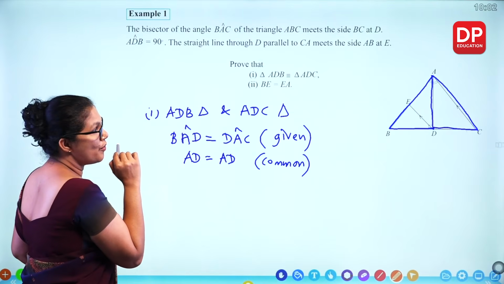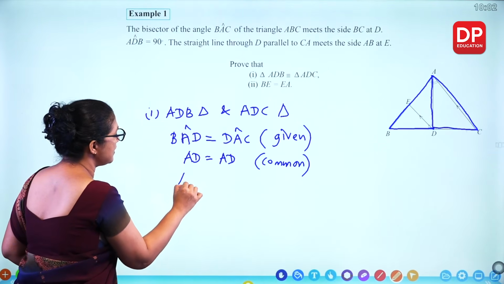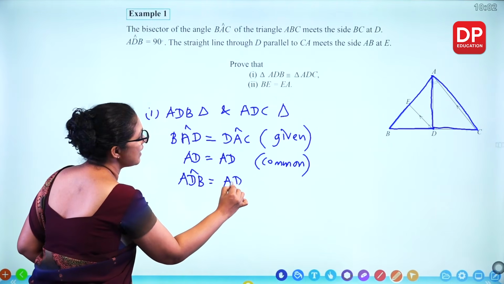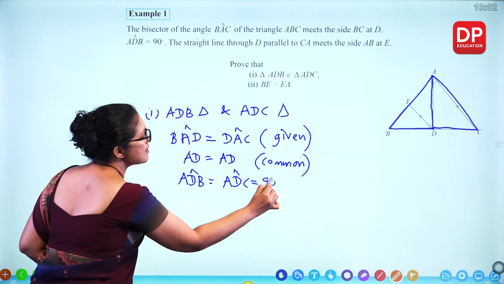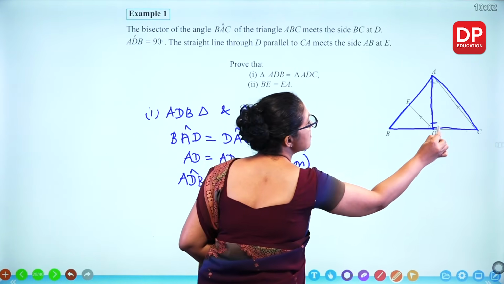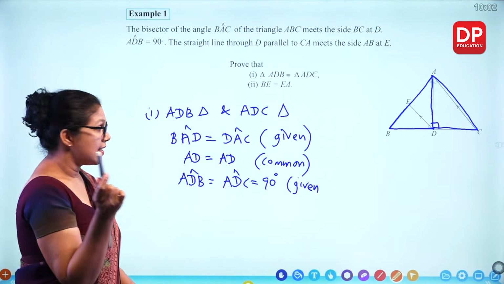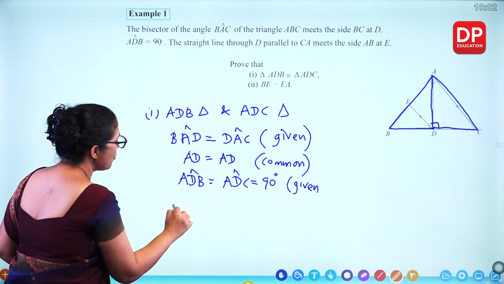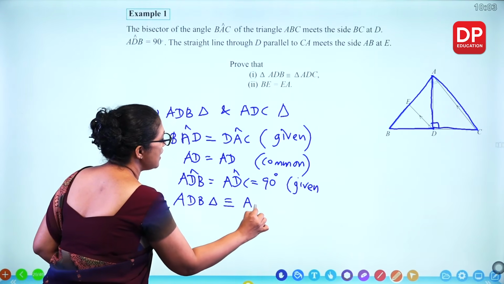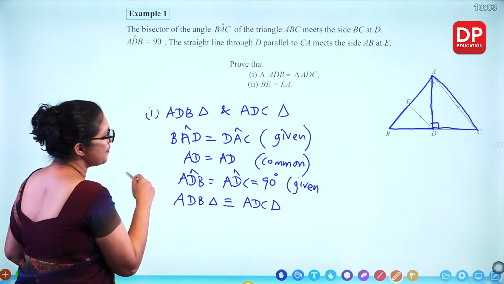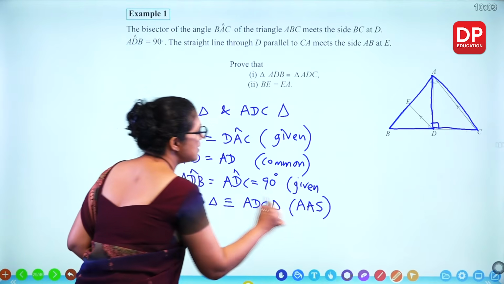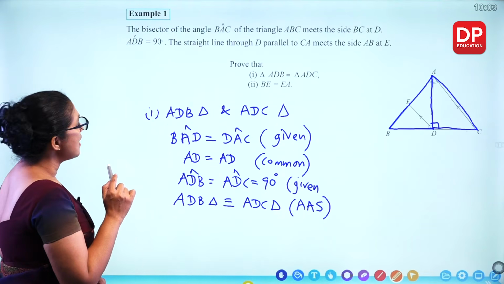And also we know that ADB angle is equal to ADC angle, that's 90 degrees. That's also given. If this is 90, this is also 90. So we can say these two are congruent. ADB triangle is congruent to ADC triangle. What's the reason? Two angles and one side, angle, angle, side.